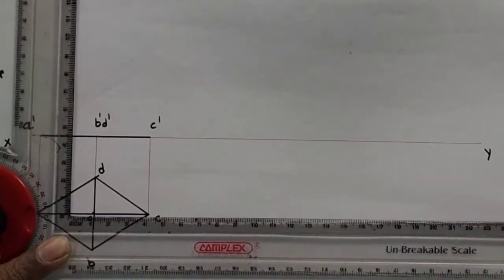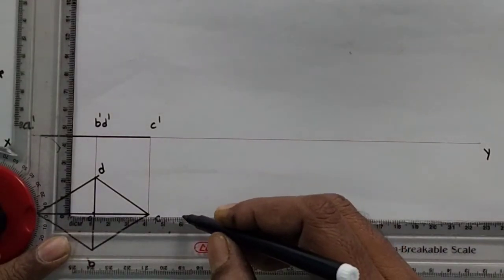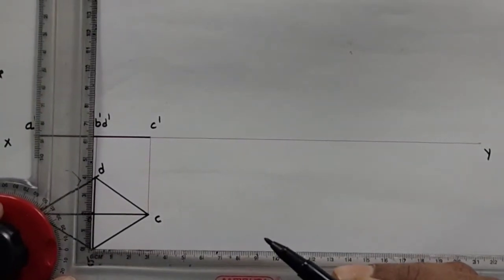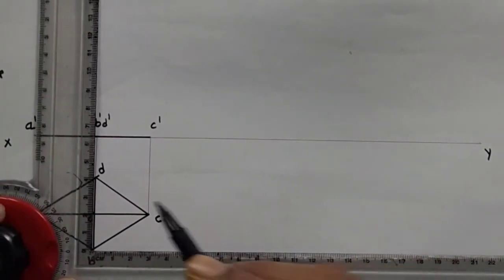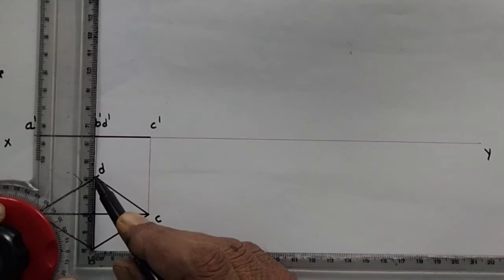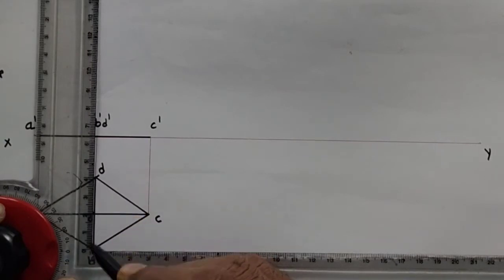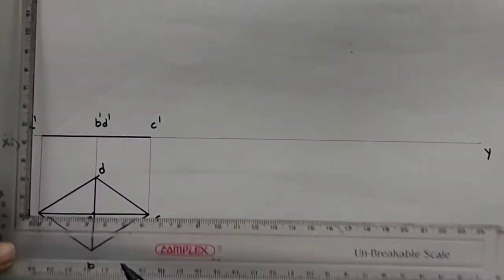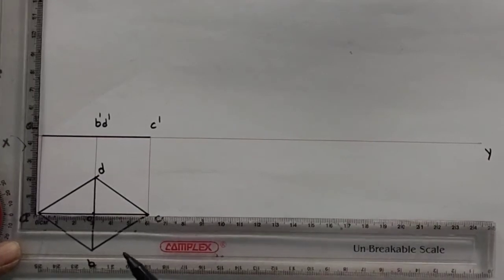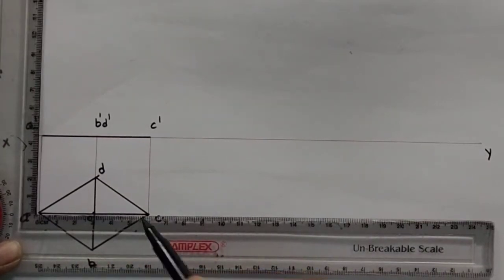So for that, in a square we know both the body diagonals are the same. So we have the smallest body diagonal 40 mm and this AC body diagonal is 60 mm. So when the plate is going to incline to HP, our top view of AC is required to be 40 mm.